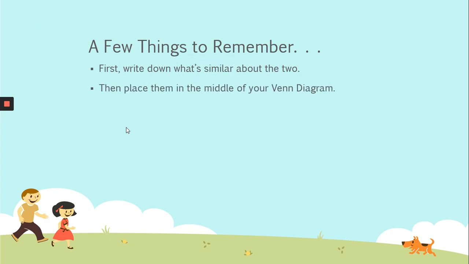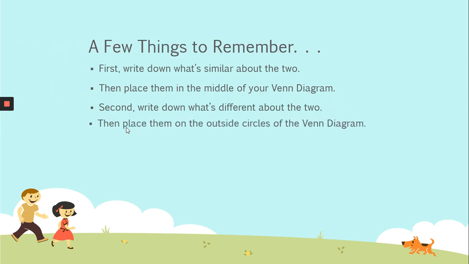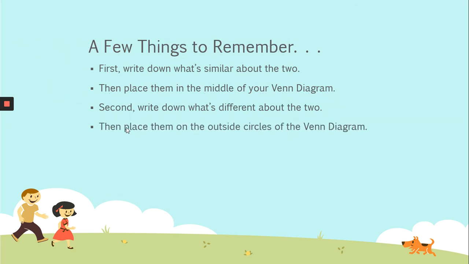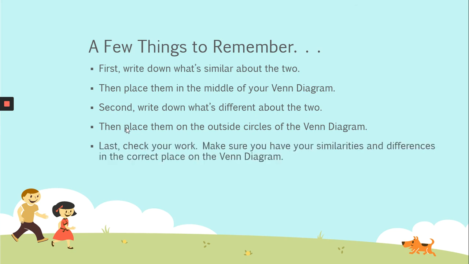Then place them in the middle of your Venn diagram. Second, write down what's different about the two. Then place them on the outside circles of the Venn diagram. Last, check your work. Make sure you have your similarities and differences in the correct places on the Venn diagram.